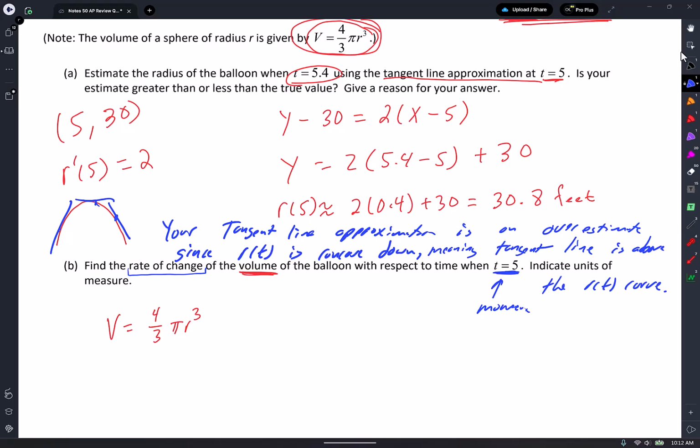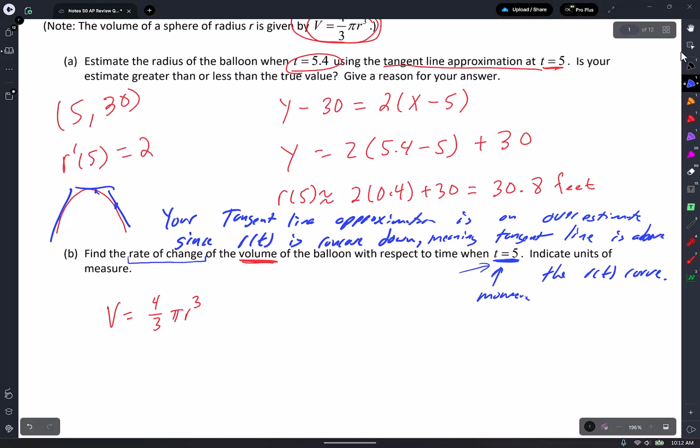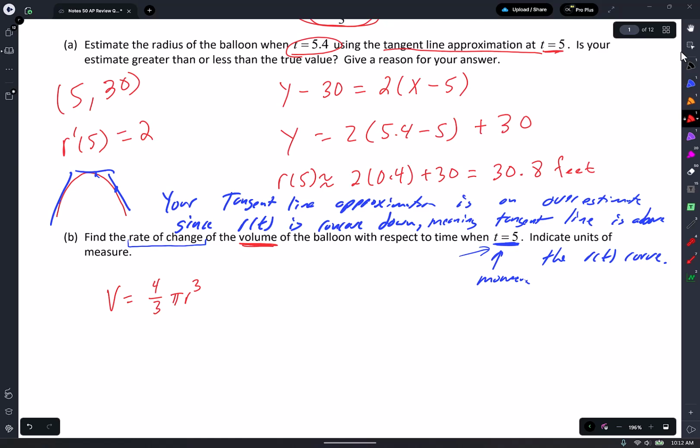So look, find the rate of change of the volume at what time? They don't give you an interval, so they want the derivative at 5. Does that make sense?